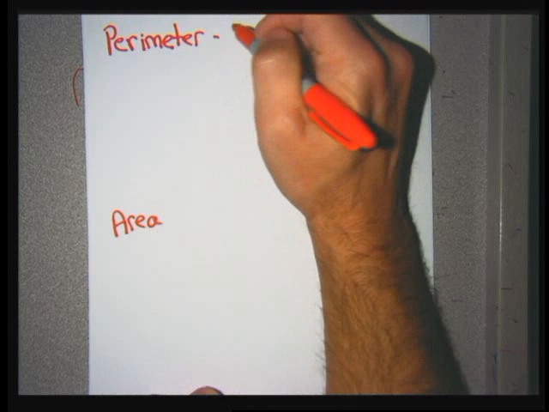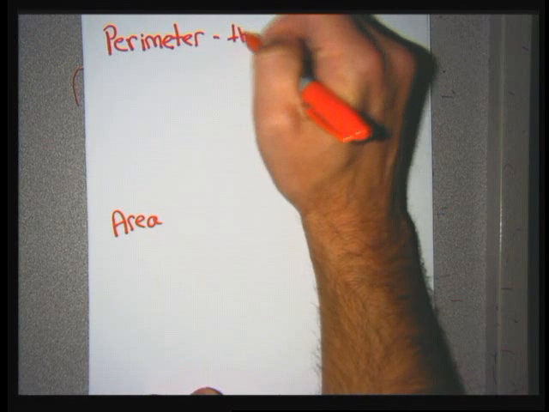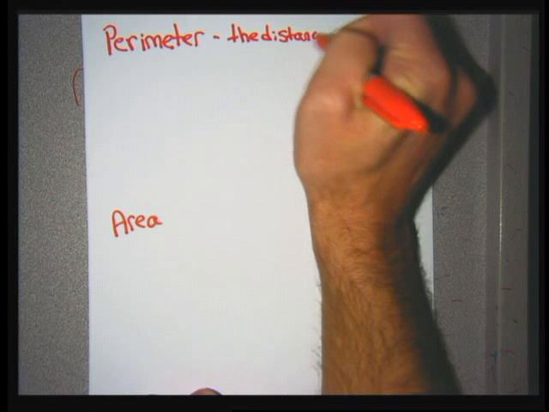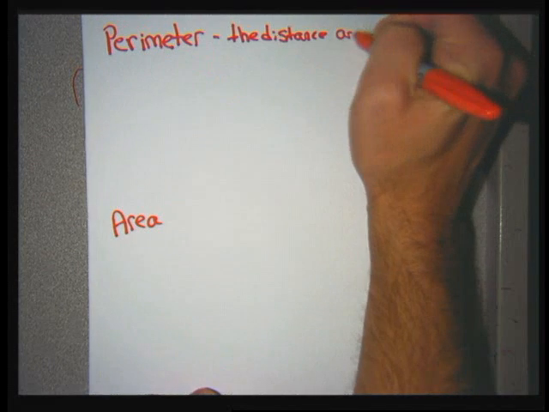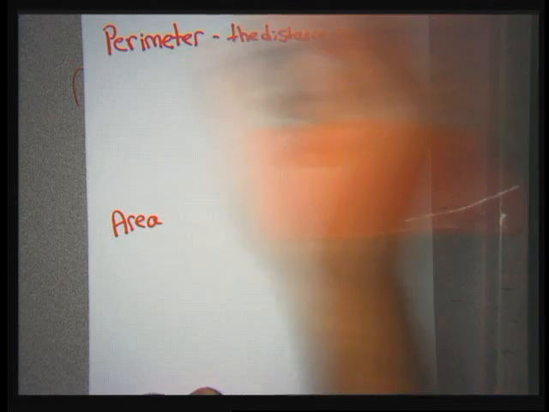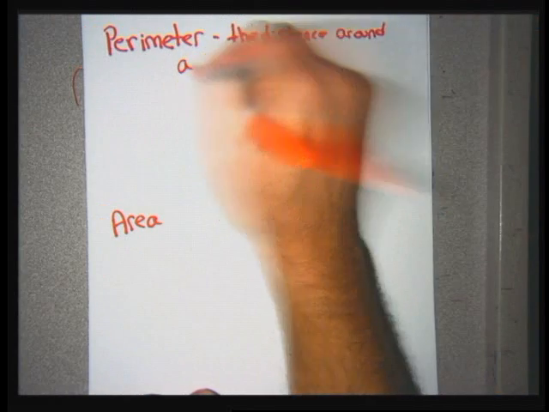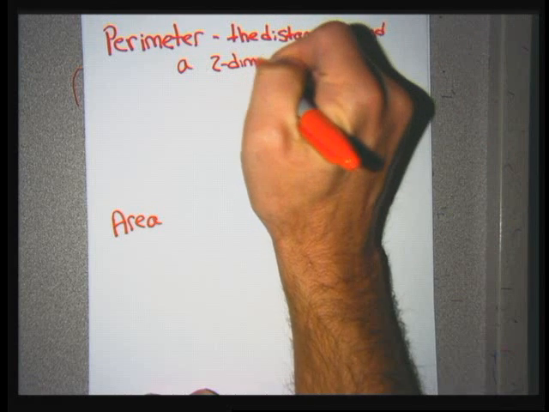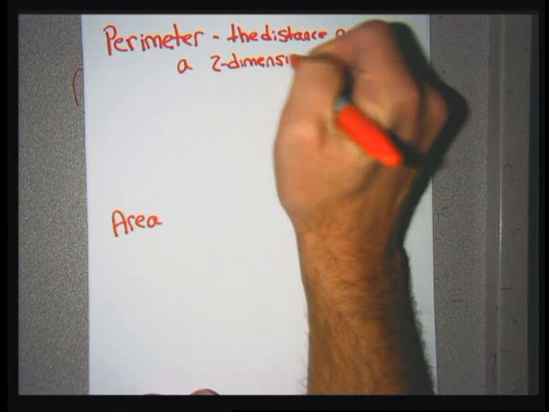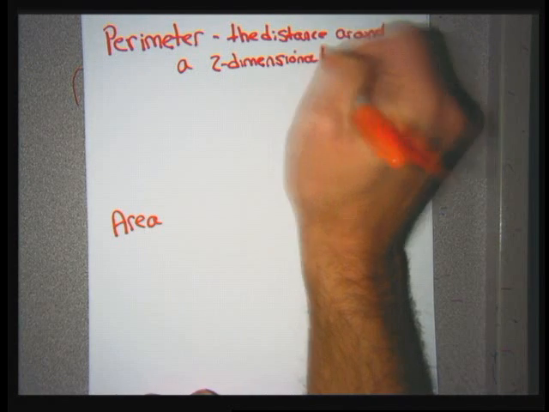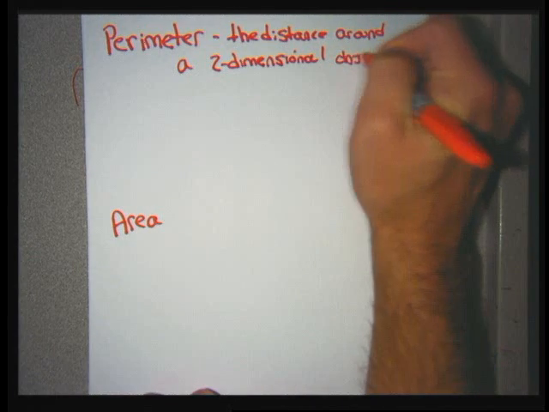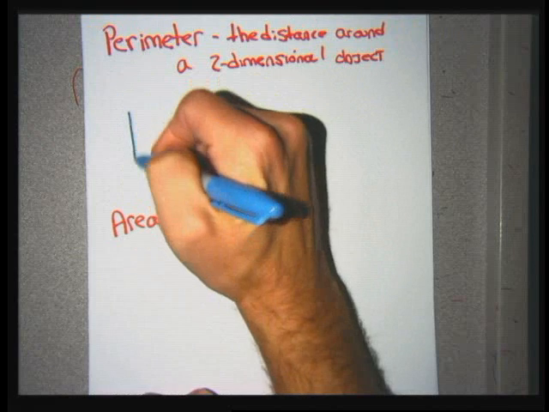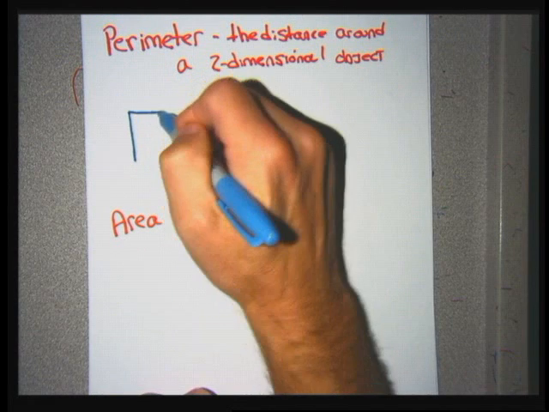So a perimeter is just defined as the distance around a two-dimensional object, so it's not something in 3D. If I drew a figure, I'll draw a nice rectangle like it's in the handout.